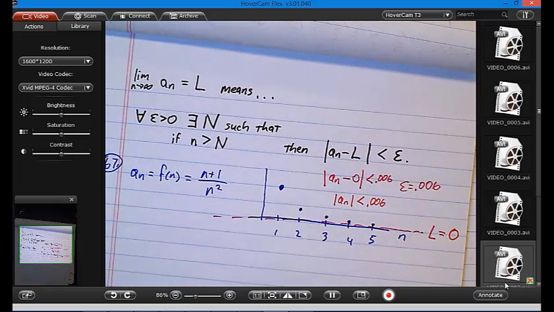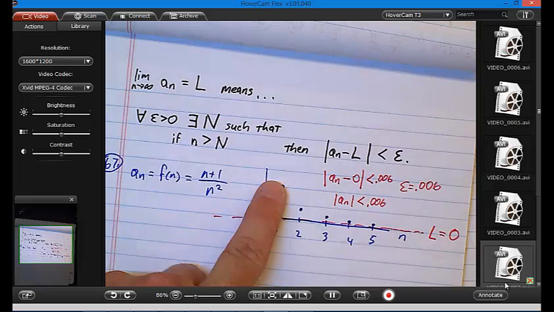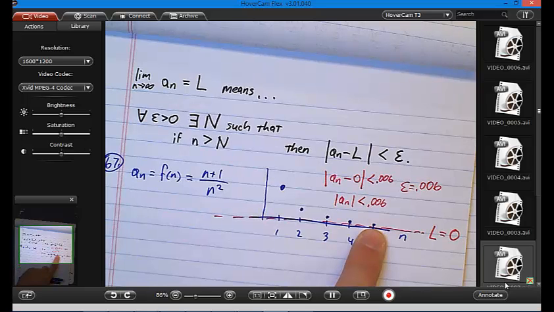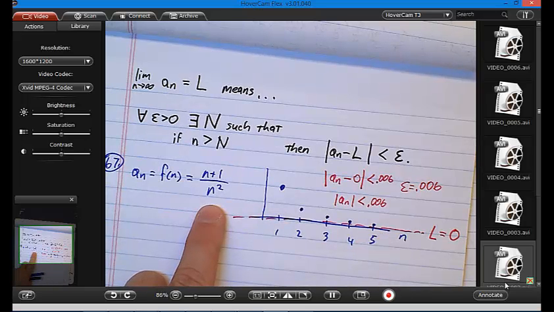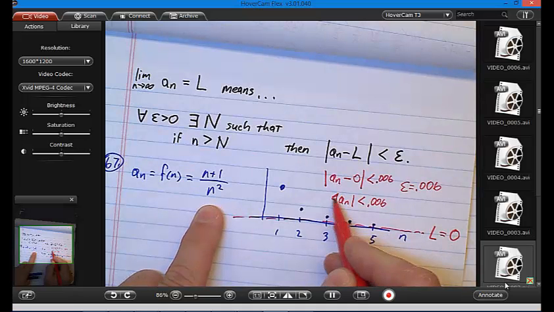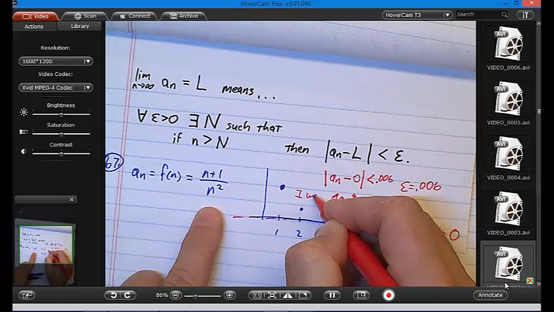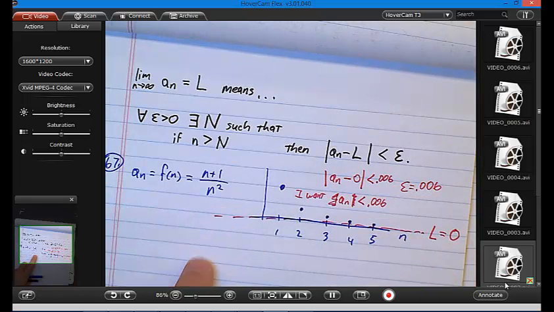We want the absolute value of a sub n to be less than 0.006. Hey, wait a minute. Aren't these terms all positive? I don't care what you plug in for n. Won't they always be positive? Yeah, because we're going to plug in positive numbers only. So I don't even need the absolute values. I could just say I want a sub n to be less than 0.006, because Ashton said that was what our epsilon is going to be.